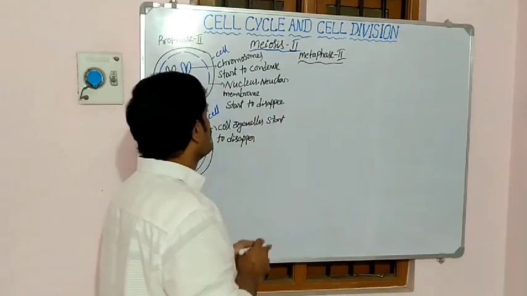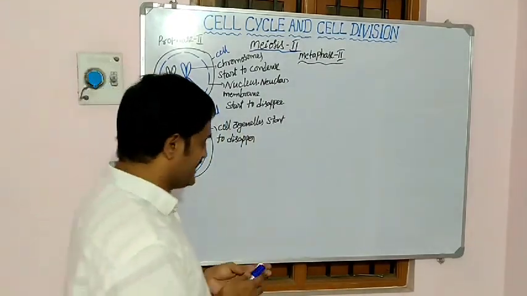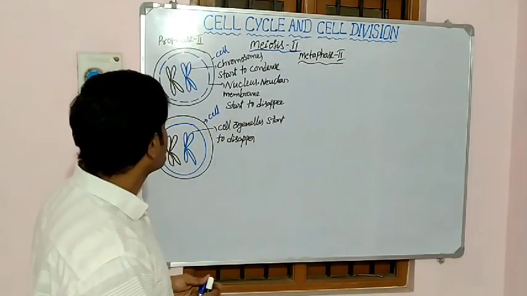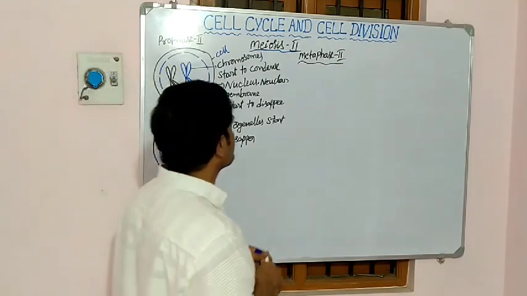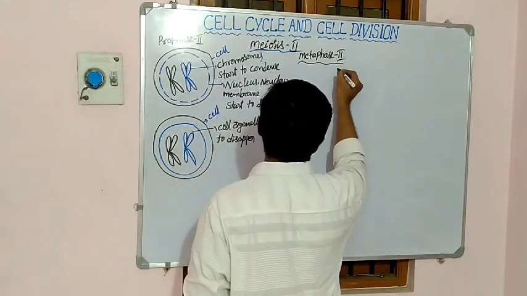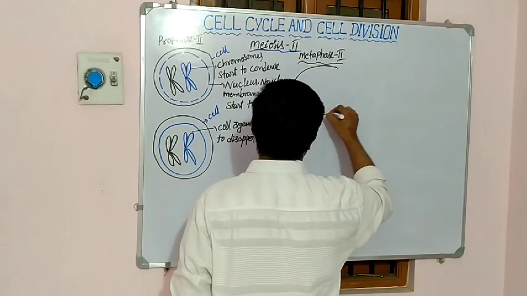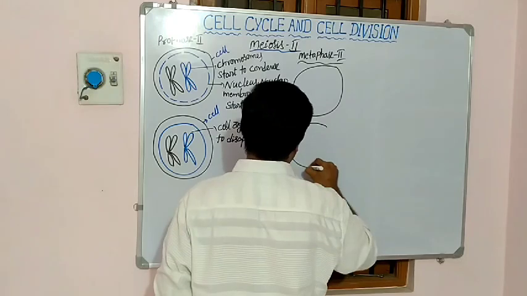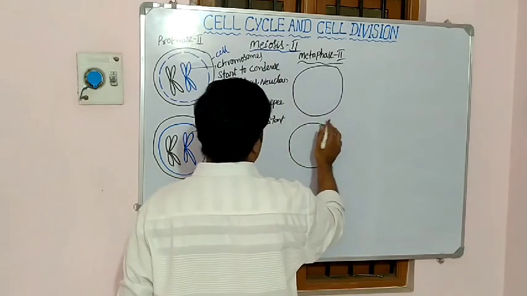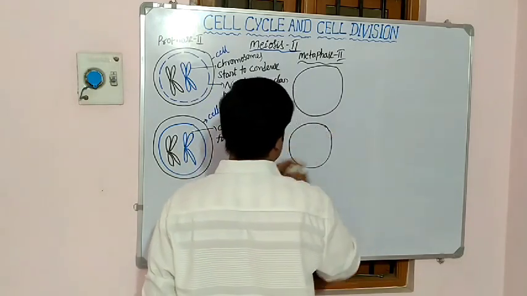So what is metaphase? See here, during metaphase, the nucleus and nuclear membrane all disappear, so I will draw here only the cell, because the nucleus and nuclear membrane, everything has disappeared.